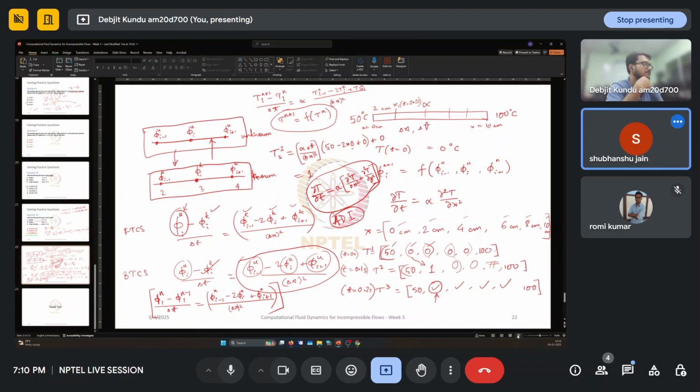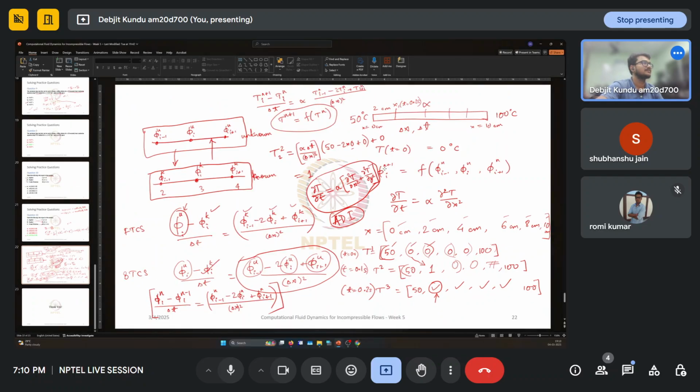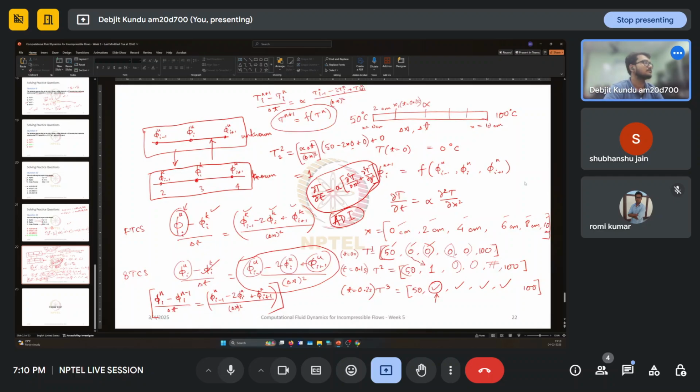Yes, sir, it is the same question, but the 100 degrees Celsius is on the left side and 50 on the right. Oh, okay. Can I erase this? I can't erase this. Sorry. Okay, I'll do this again. Can I copy this somehow? Okay, the whole thing is getting copied. Anyway, let's take a shot today.